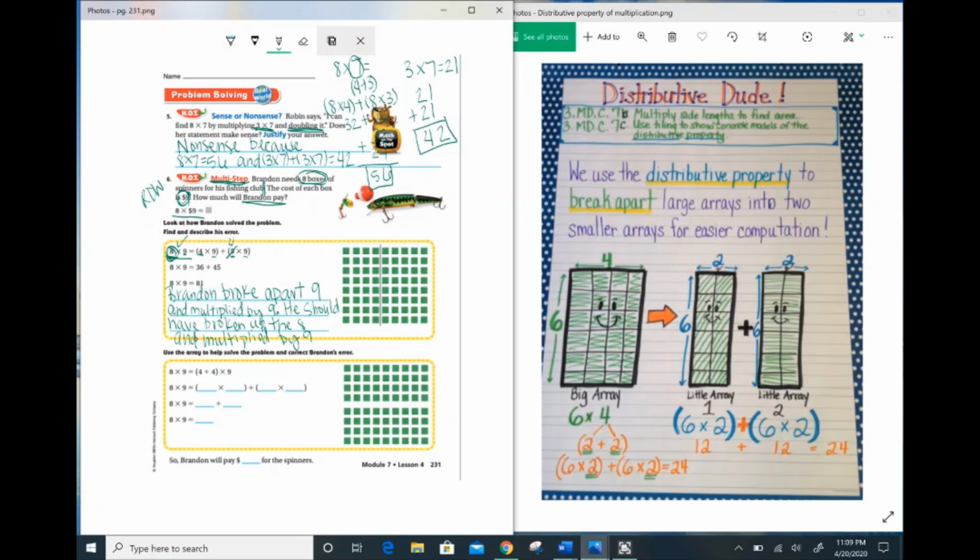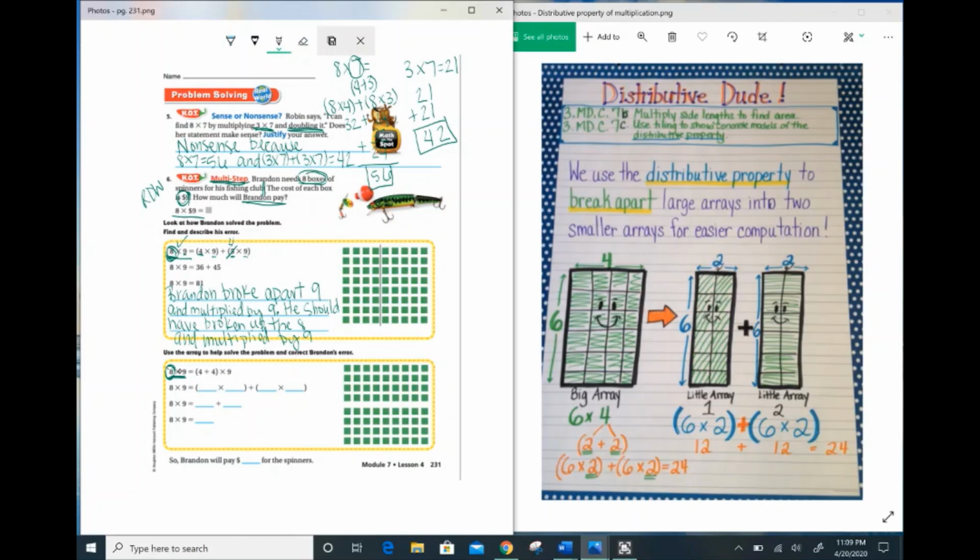Now our next one. It says use the array to help solve the problem and correct Brandon's error. Ooh, so they already used the distributive property here for us. We have 8 times 9 here. Which one did they break apart? The 8 or the 9? Oh, 4 plus 4 equals 8, so they broke apart the 8.